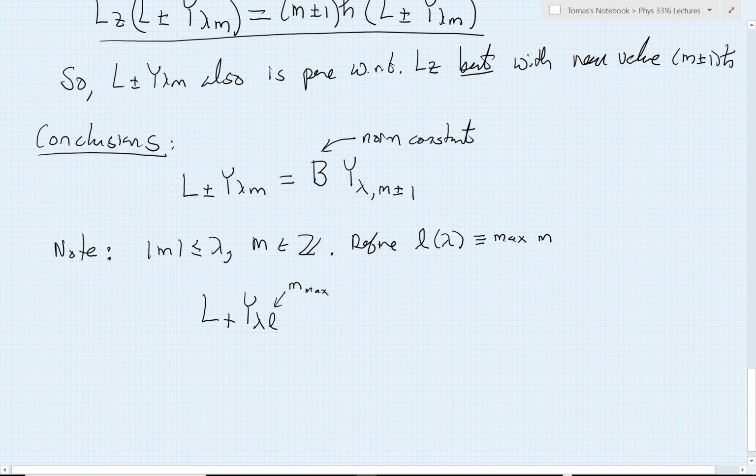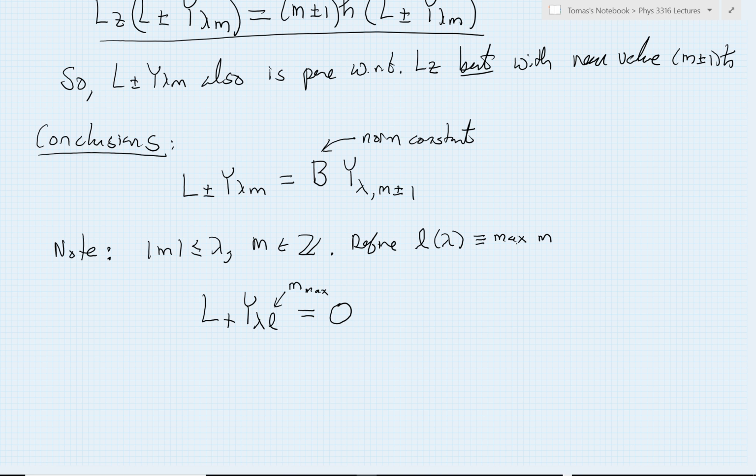Well, by this very algebra that we've carried through, if this gives me a valid state back again, it will necessarily have a higher value of M, and that leads me to a contradiction. The only way out of that contradiction is if what this gives me back is in fact 0. This is the terminating state for the maximum value of M for this particular situation.